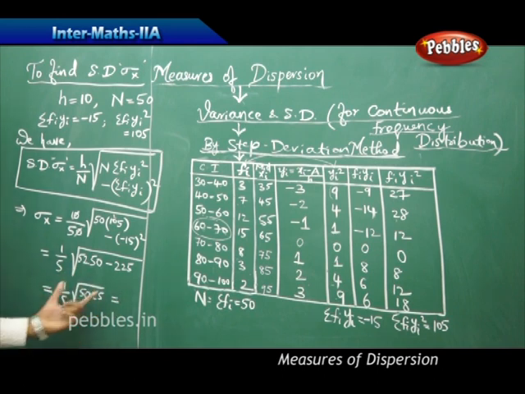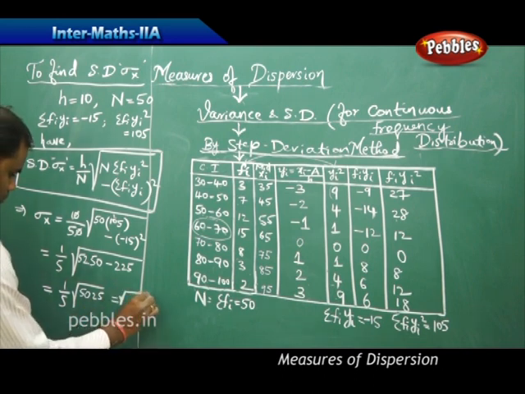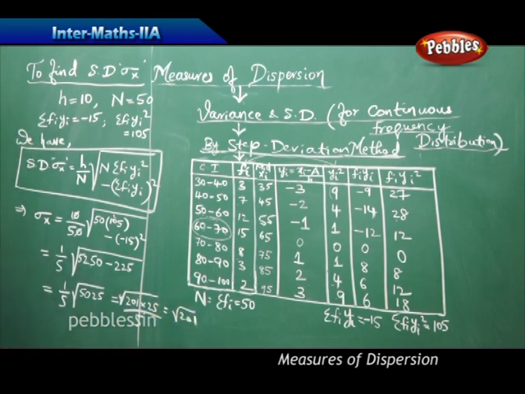Simplifying, the square root of this gives 25 times root 201, divided by 5, which gives root 201. Therefore, my sigma x is root 201.